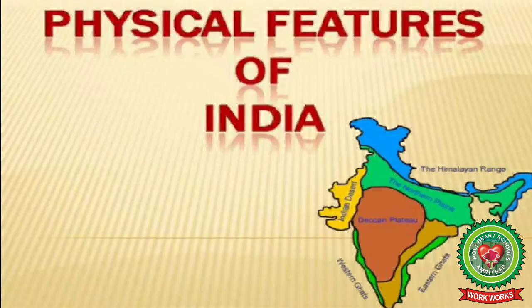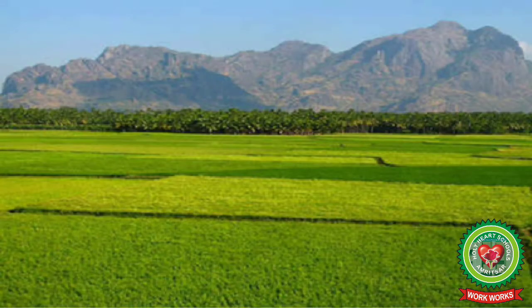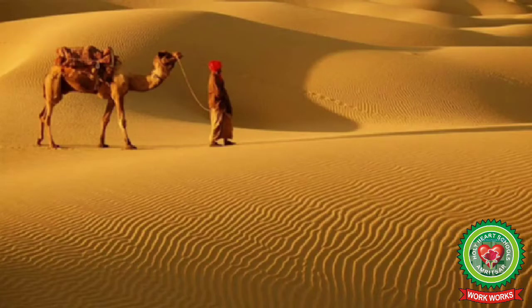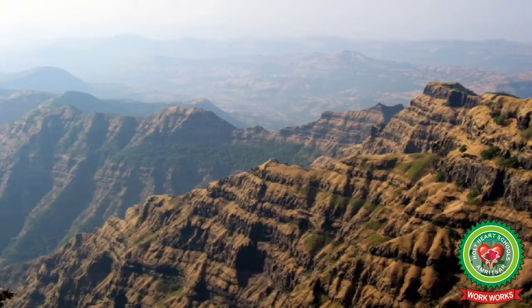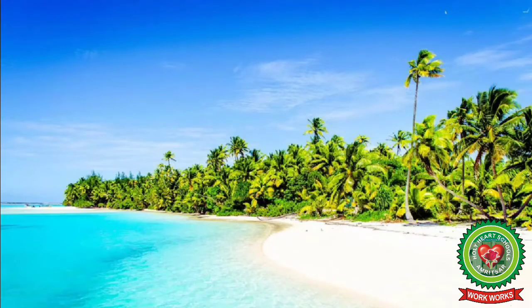Students, in the first chapter of your book, we studied about the physical features of India like the northern mountains, the northern plains, the great Indian desert, the southern plateau, the coastal plains and the islands.